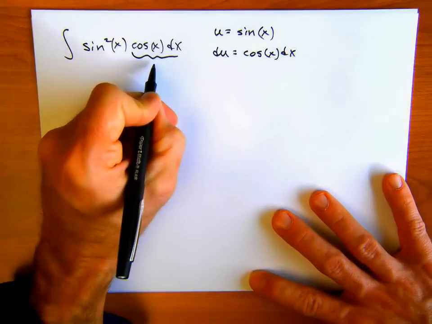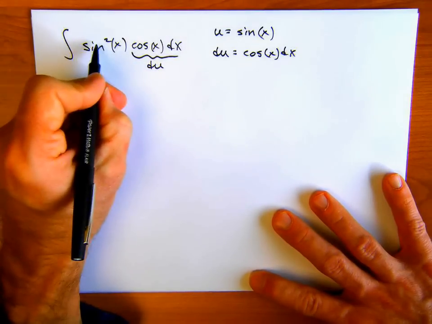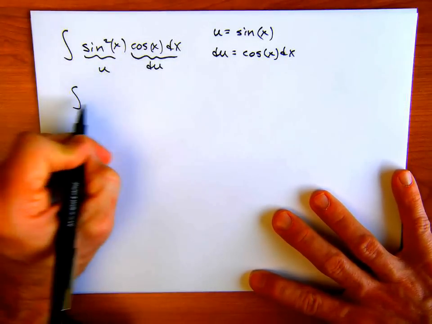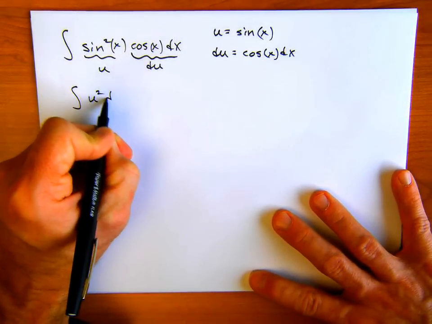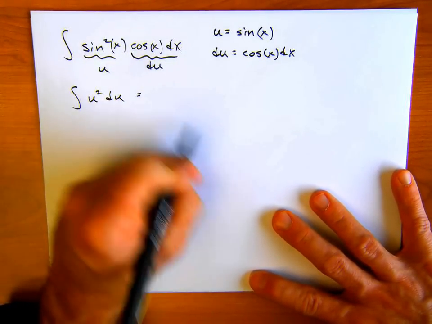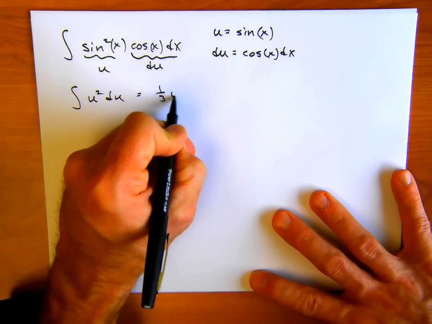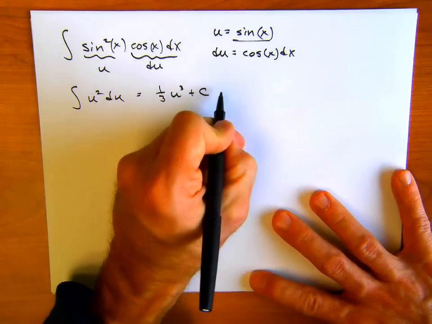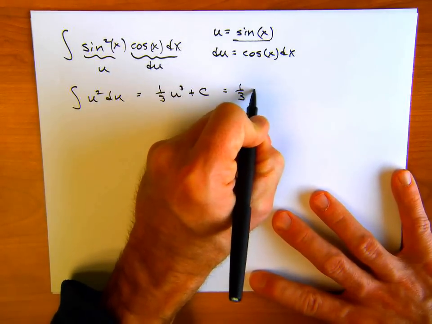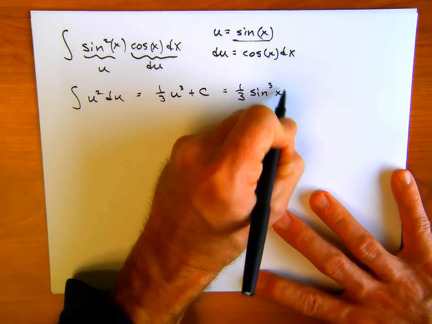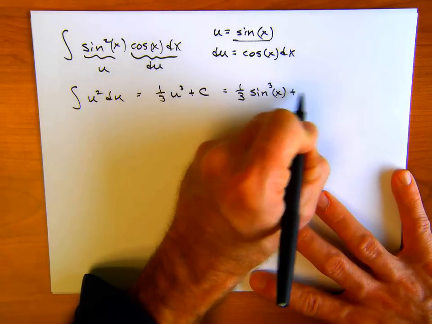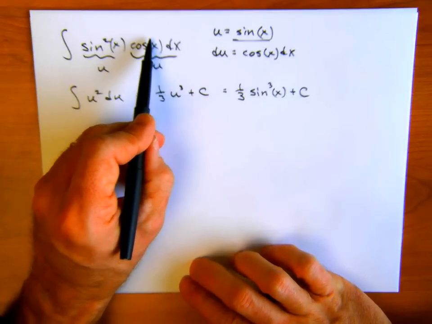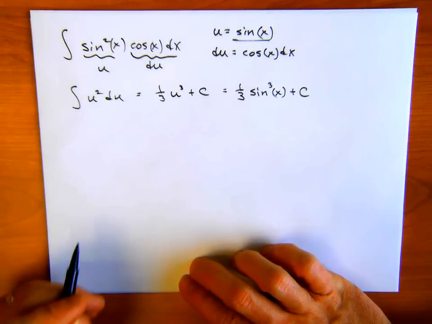So this piece is covered by du, and the sine becomes u, and we're squaring it, so our new integral is u squared du. That's easy to handle, right? We would end up with 1/3 u cubed plus c, changing everything back, 1/3 sine cubed of x plus c.